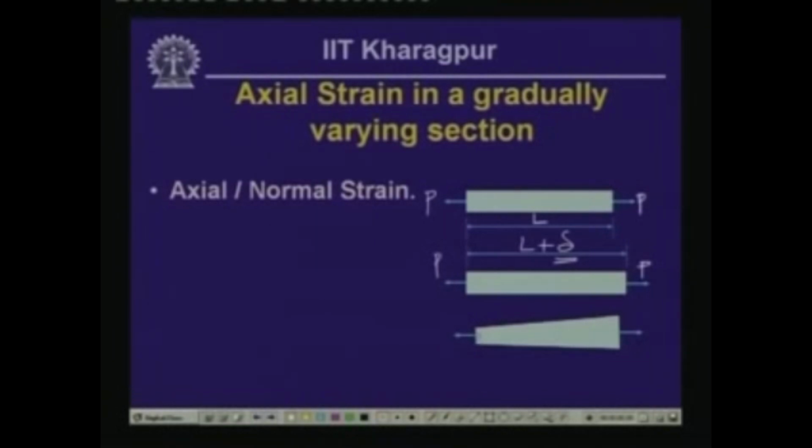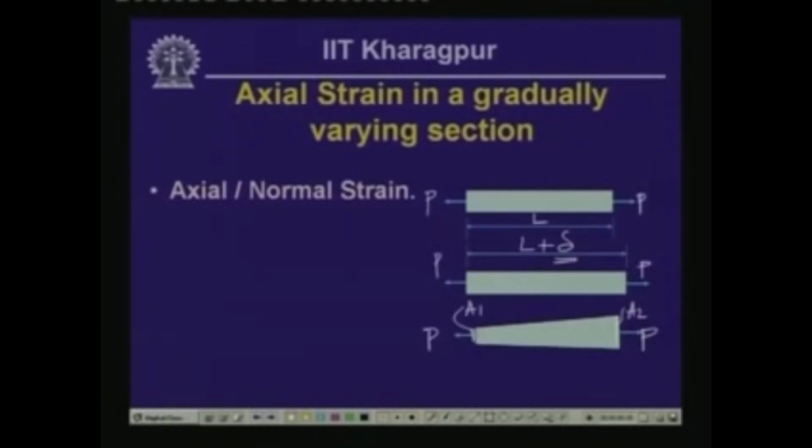Now, if instead of having such a uniform cross section, the cross section of the bar is varying, say we have an area A1 here and the cross sectional area here is A2, and this bar is subjected to an axial pull P.